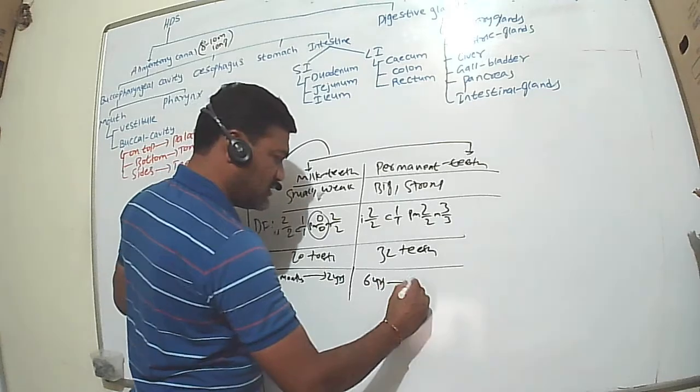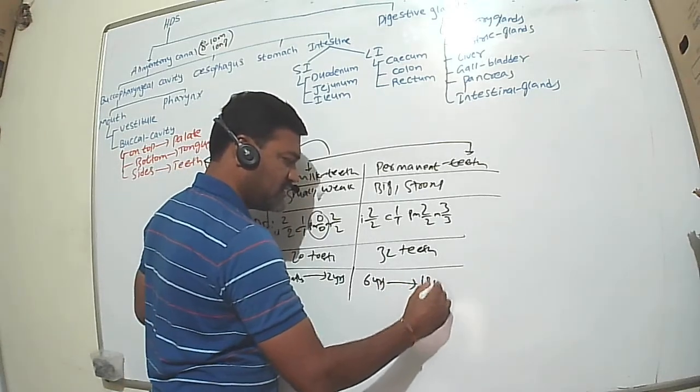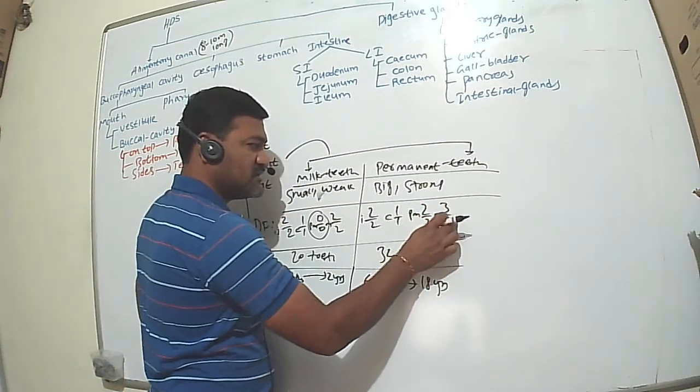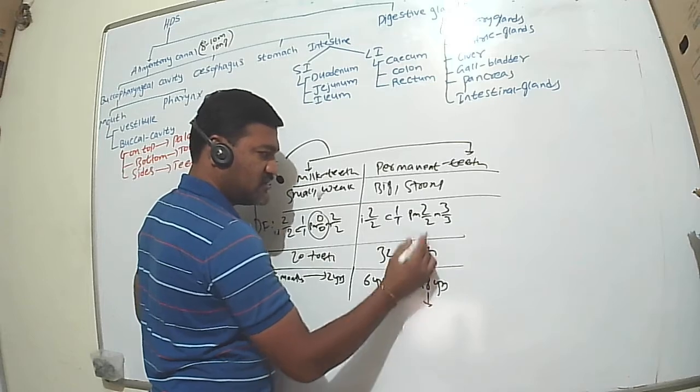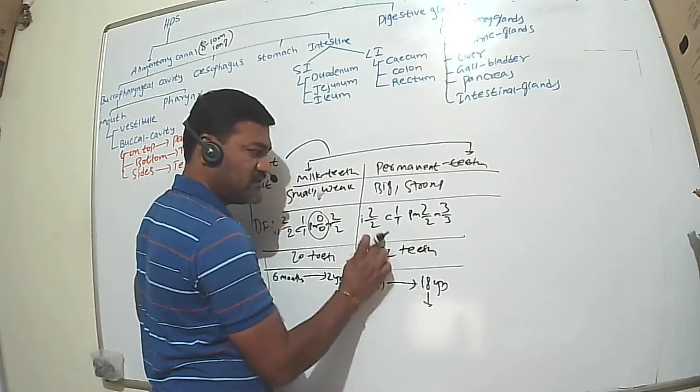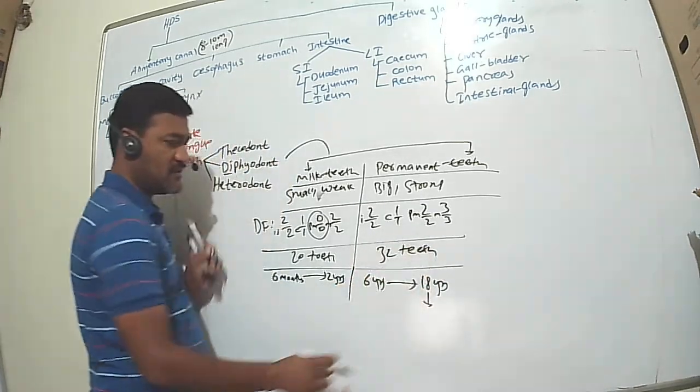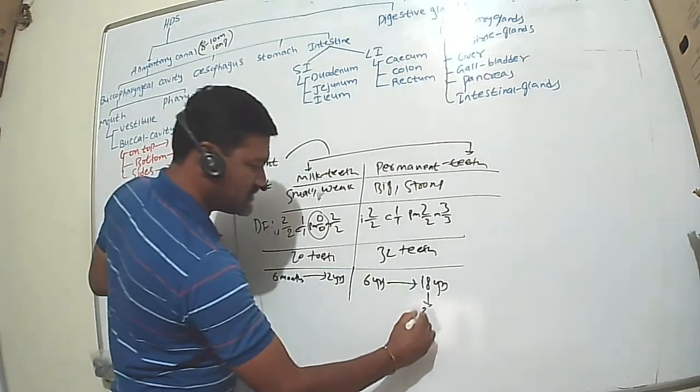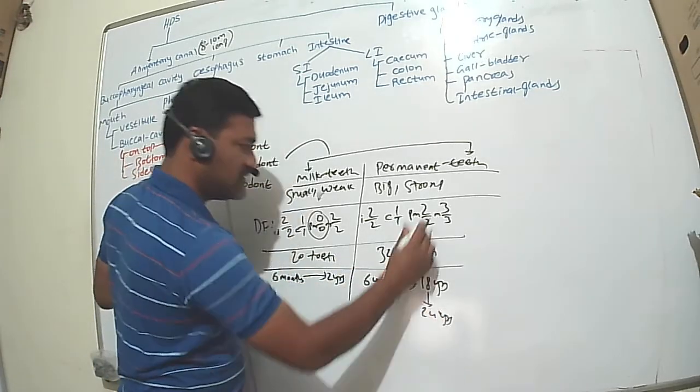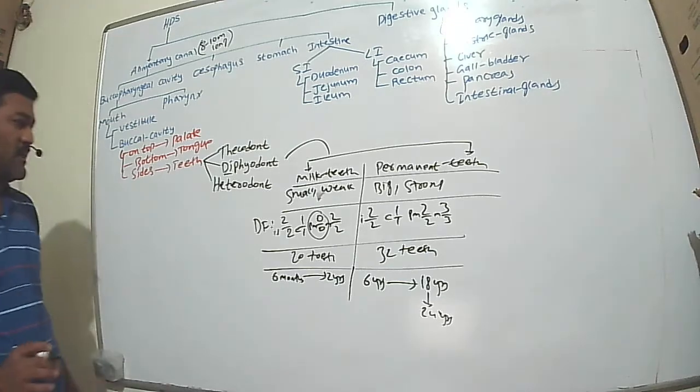And they will almost form by 18 years of age, except the last wisdom teeth. By 18 years of age you have 2, 1, 2, 2, but after 24 years of age you get even the last wisdom teeth also.